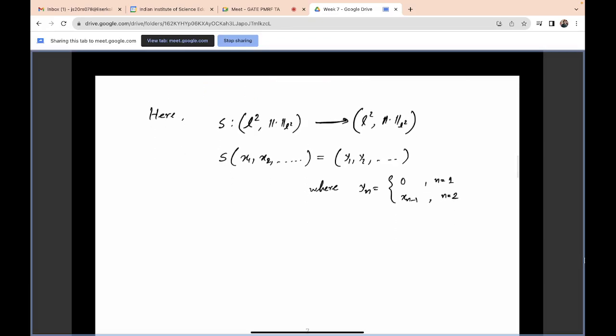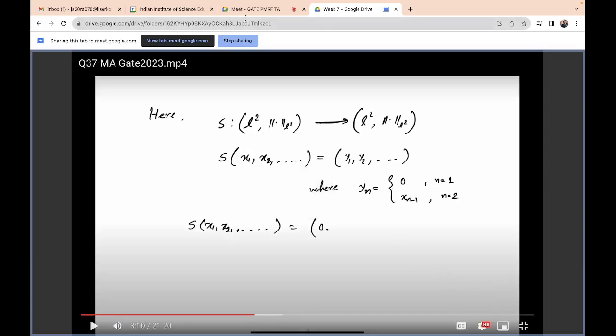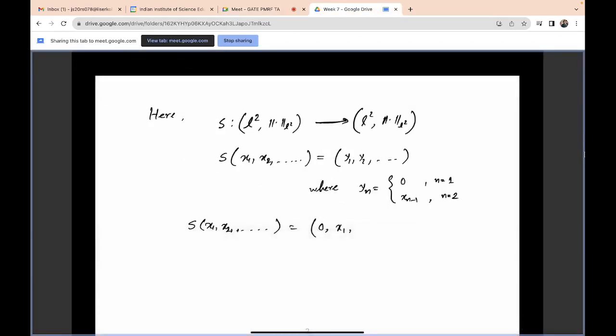So how will it look like basically? S of x1, x2, dot dot dot. So y1 is always 0, and y2 is x1, y3 is x2, right?